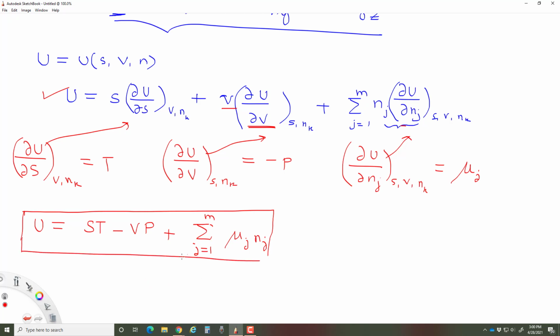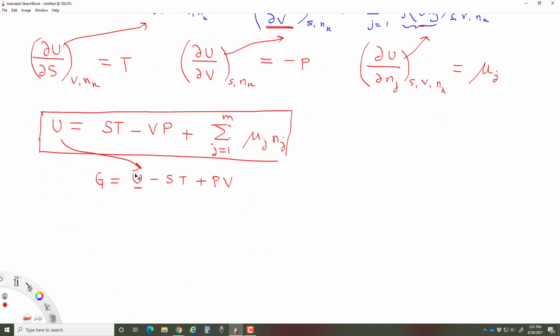Now we have the definition of the Gibbs function. The definition of the Gibbs function is G equals U minus ST plus PV. So using that, we can now substitute U by that expression.